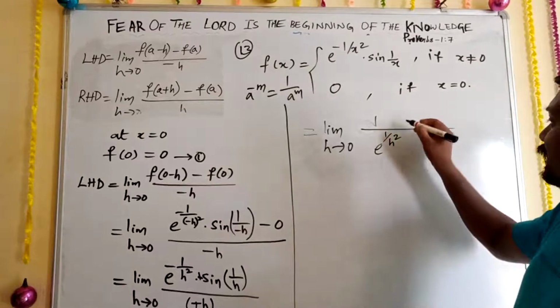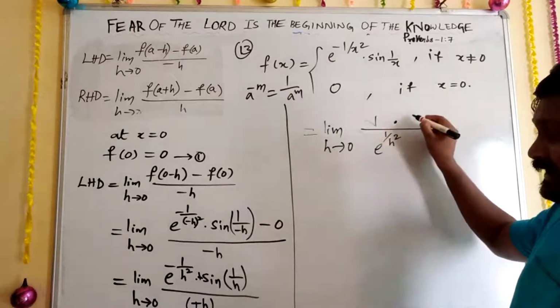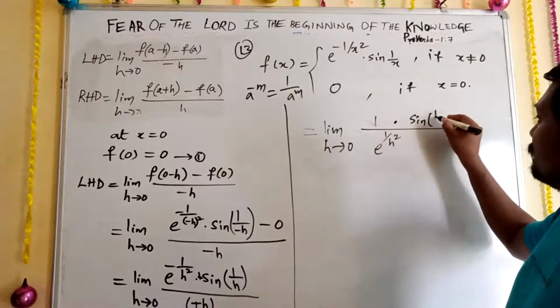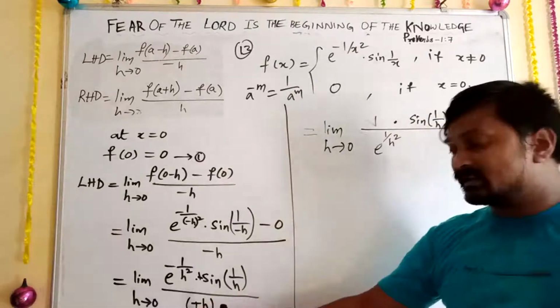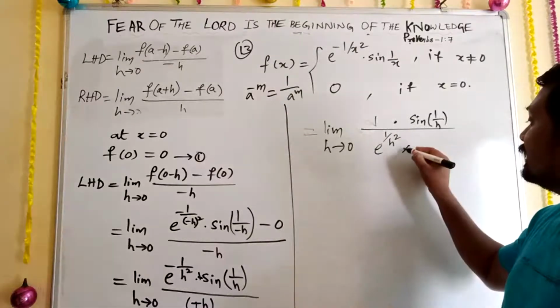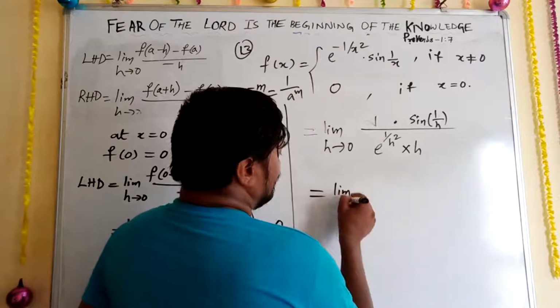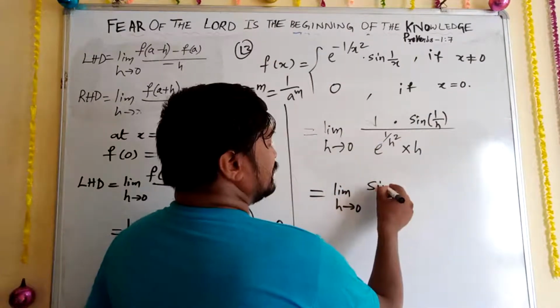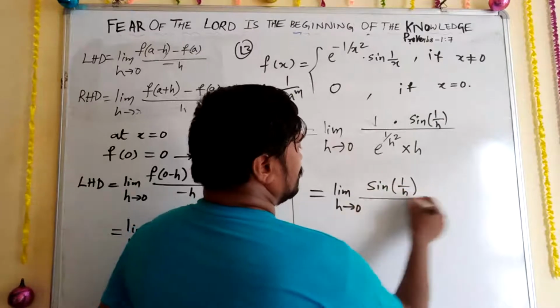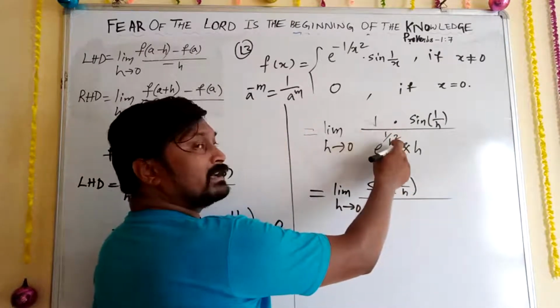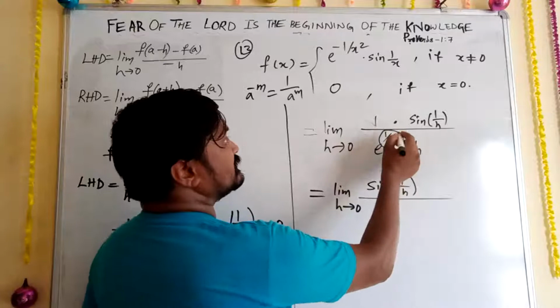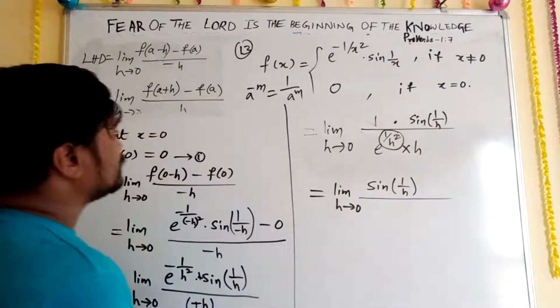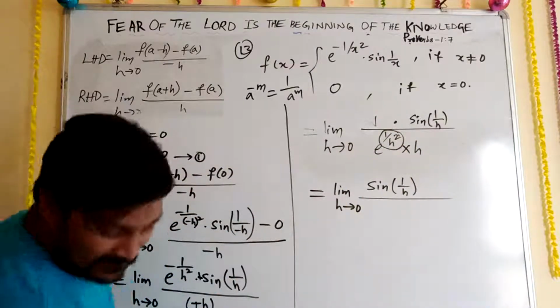After that, into this 1 into sine 1 upon h, and here already in the denominator h is there, that h into limit h tends to 0 sine 1 upon h, as it is, right? Sine 1 upon h upon e power 1 upon h square is nothing but it is just like e power x. So e power x formula, what I said for you.